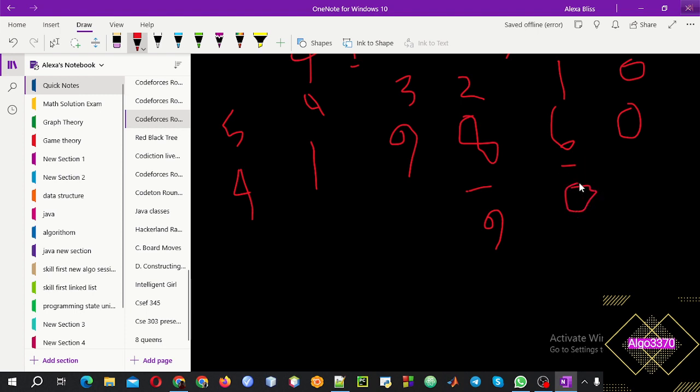Then set all the elements from right to left to 0. Then we will pick this index. Here we can increase it, yes, because this is 9. So we will set 10 here.